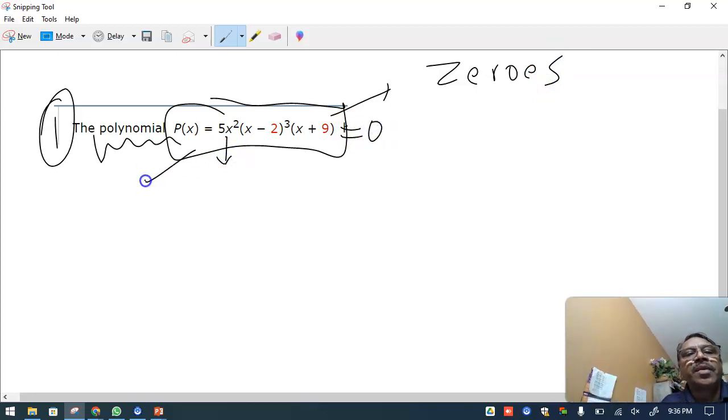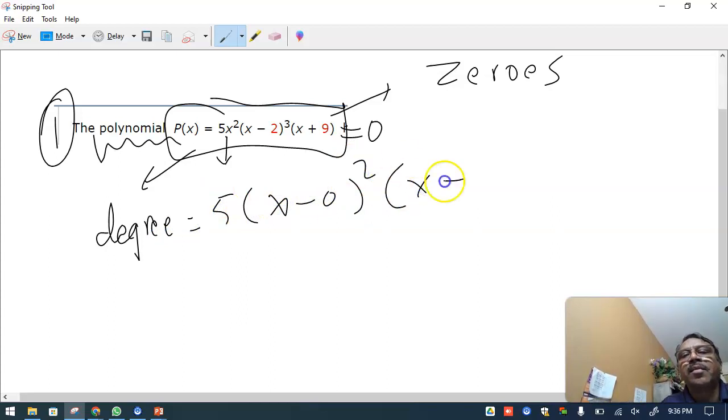First of all, the degree of the polynomial is 5, and the factors are x minus 0 squared, then x minus 2, the whole cube. So x squared can be written as x minus 0.